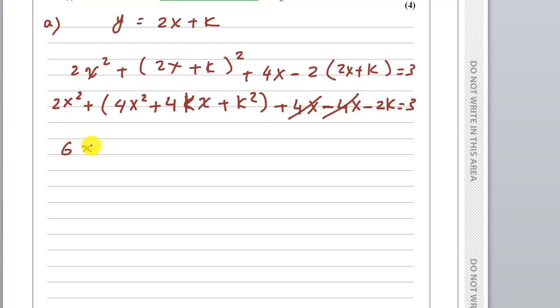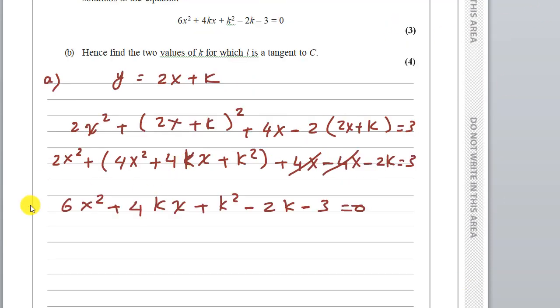So 6x squared plus 4kx plus k squared minus 2k minus 3 equal to 0. And this is the equation that he needs.